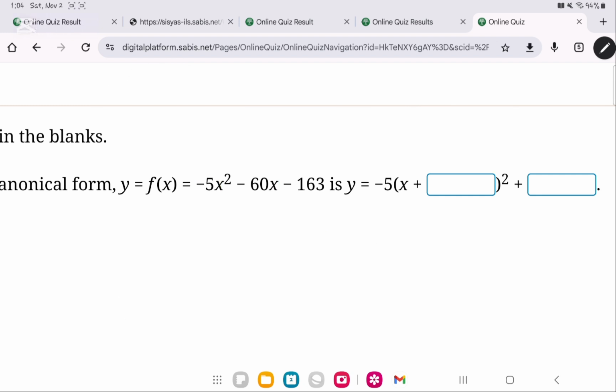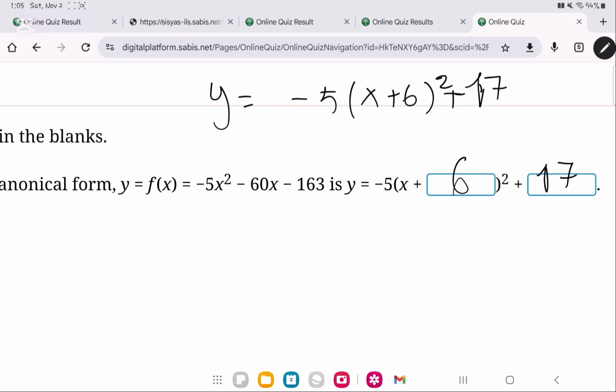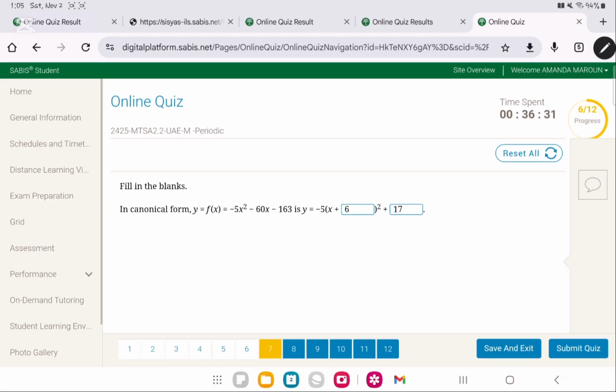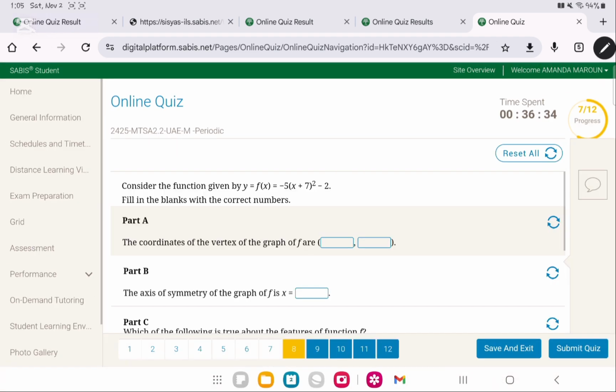So now the function looks like this. Y is equal to minus 5 times x plus 6 squared plus 17. So filling in the blanks, we're going to have 6 here and 17 over here. So 6 and 17.